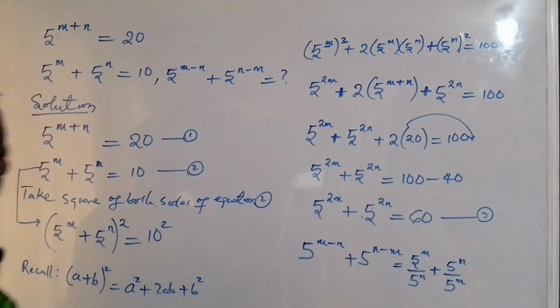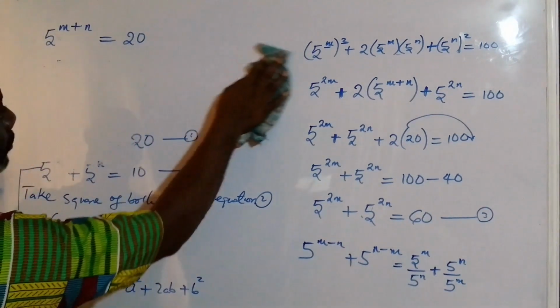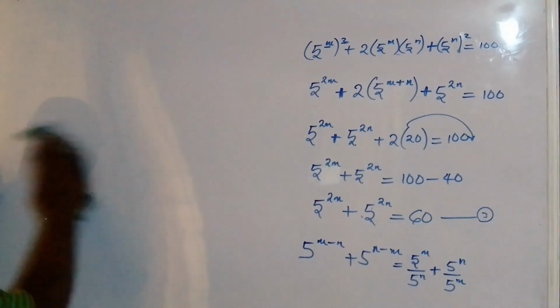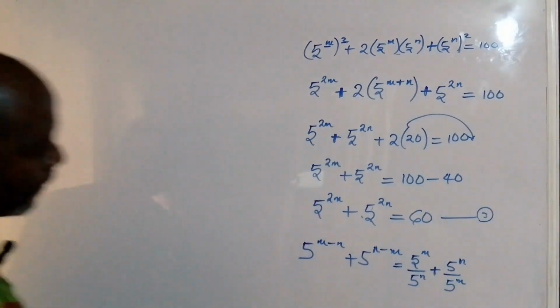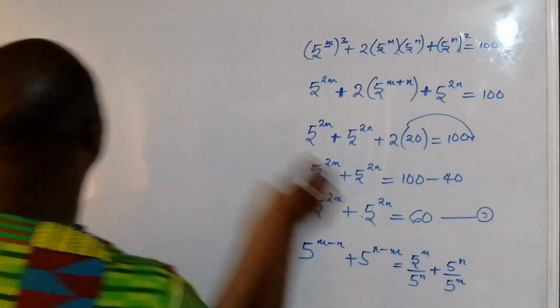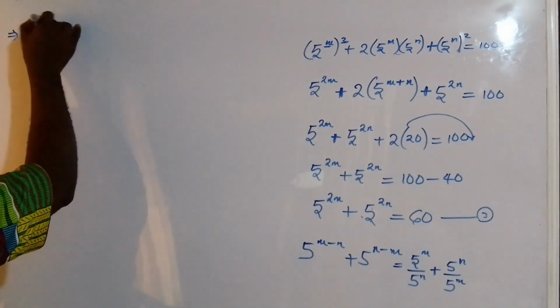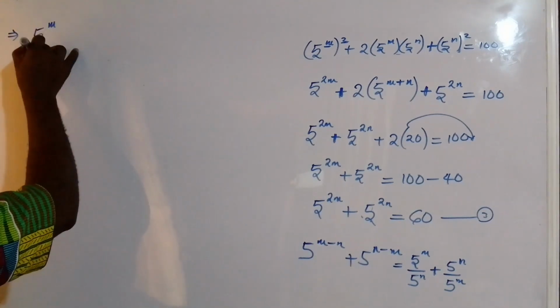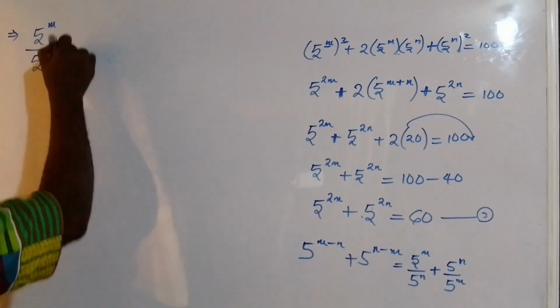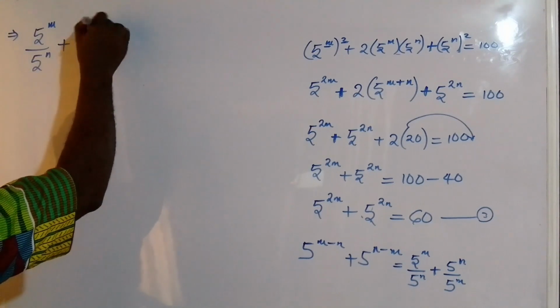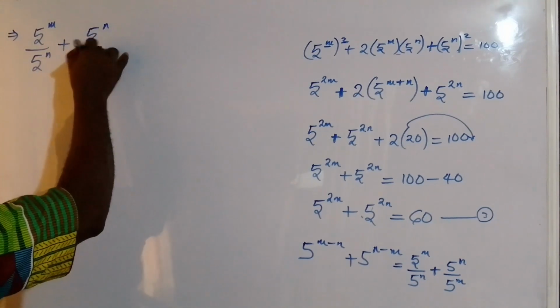So let's switch to this side of the board. From here, I'm going to repeat this fraction: 5 to the power of m over 5 to the power of n plus 5 to the power of n over 5 to the power of m.